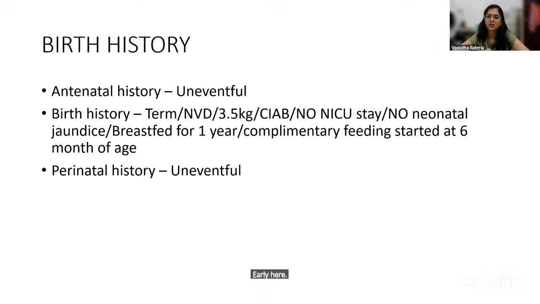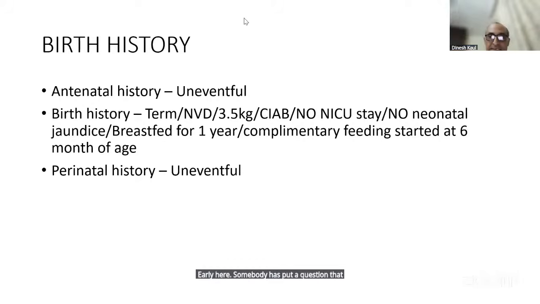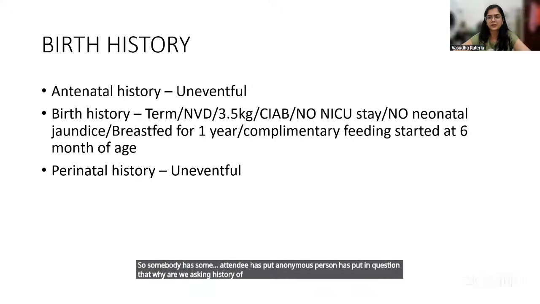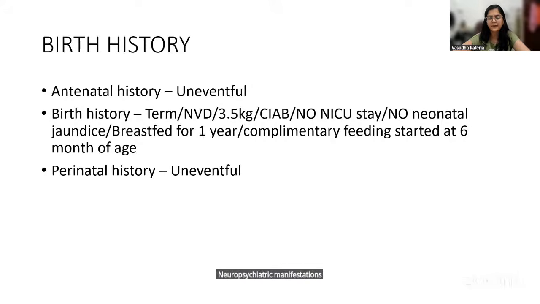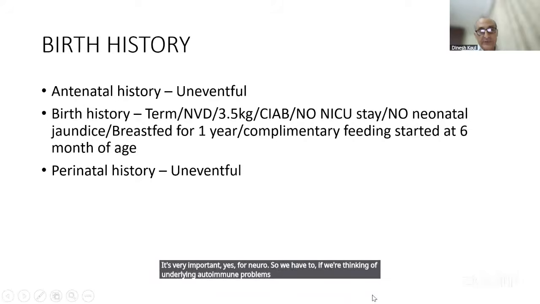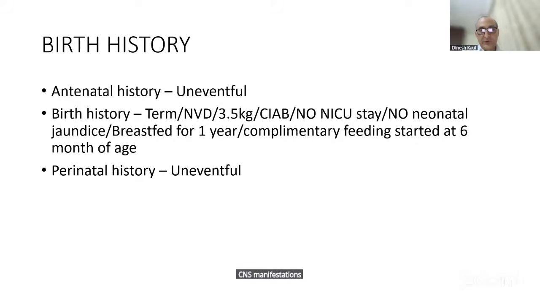Somebody, an anonymous attendee, has put in a question: why are we asking the history of seizures? Neuropsychiatric manifestations are very important in SLE. If we're thinking of underlying autoimmune problems like systemic lupus erythematosus, CNS manifestations are one of the components.